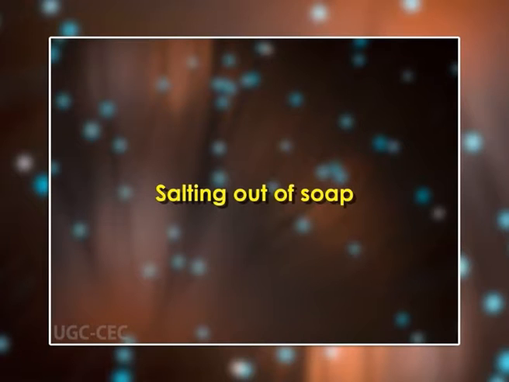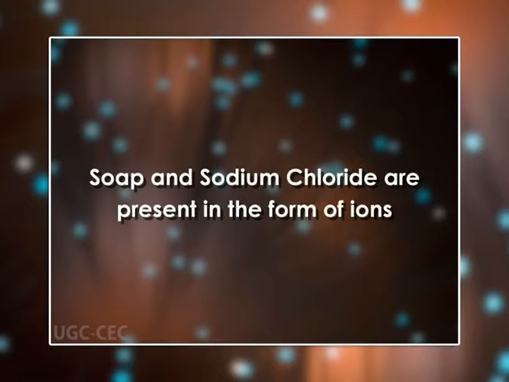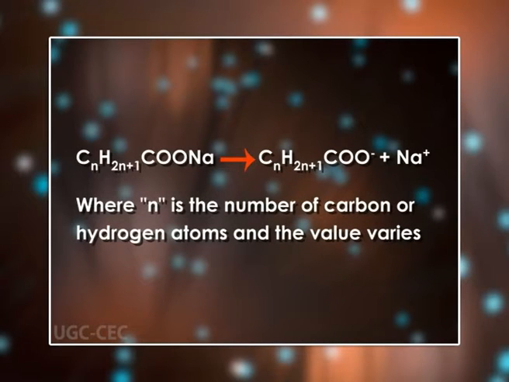The second application is salting out of soap. Soap is a sodium salt of higher fatty acids. From the solution, soap is precipitated by addition of concentrated solution of sodium chloride. Soap and sodium chloride are present in the form of ions. Symbolically, we can show CnH2n+1COONa, that is sodium salt of higher fatty acid, gives CnH2n+1COO-, that is carboxylate ion of higher fatty acid, plus sodium ion Na+.